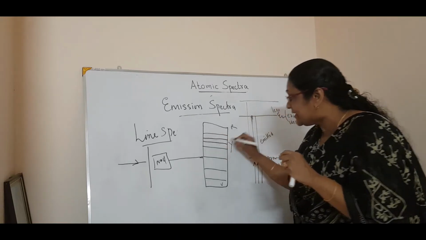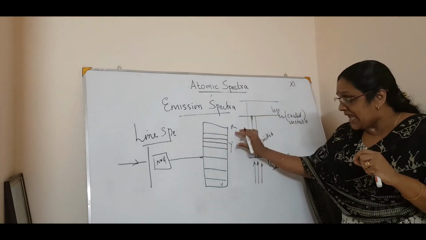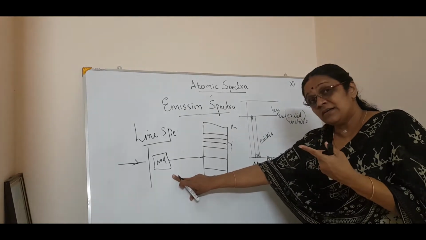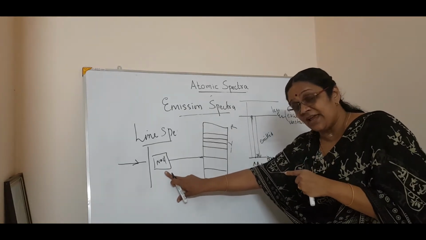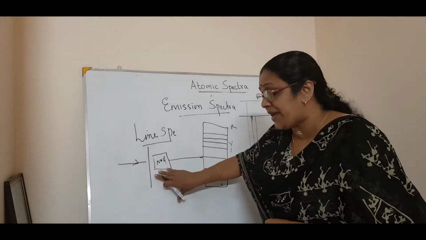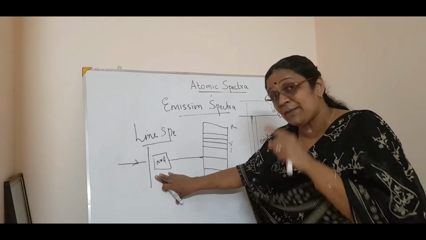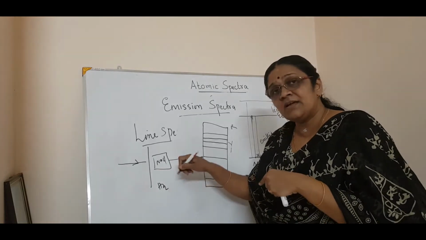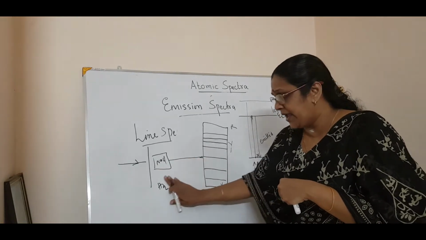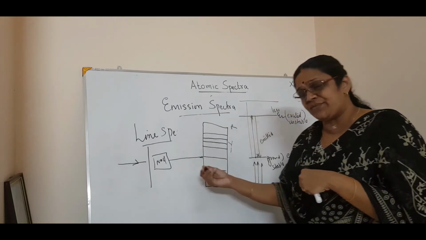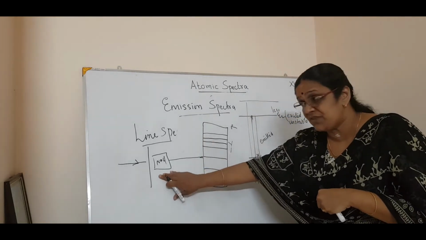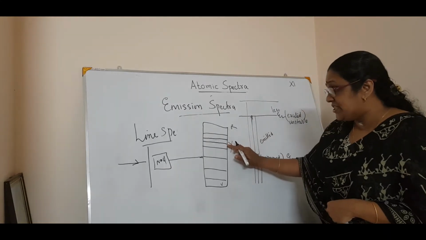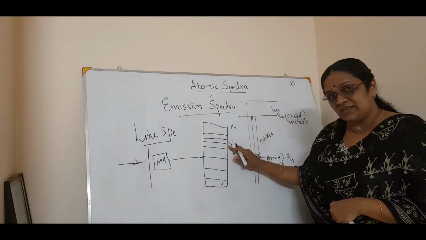In the continuous spectrum, in the yellow region, if NaCl is there, depending on the substance used. If hydrogen, it is a different one. If it is thiosulfate, it is different. So depending upon the solution through which the white light is passed, you will get two wavelengths in the yellow region.